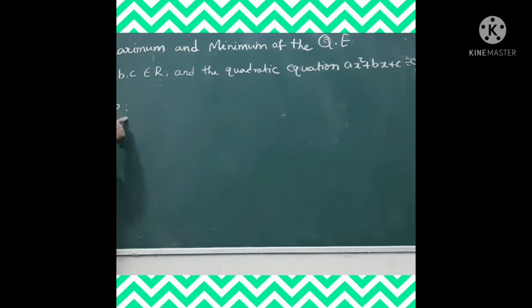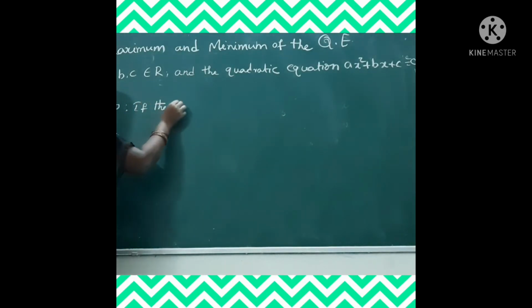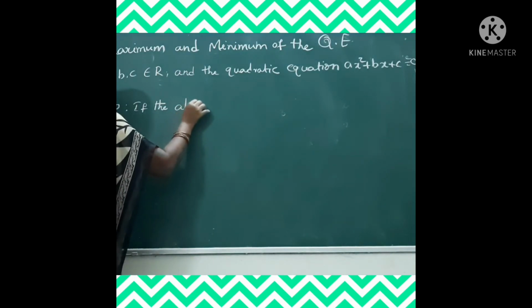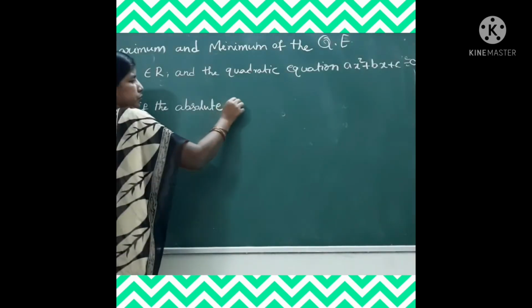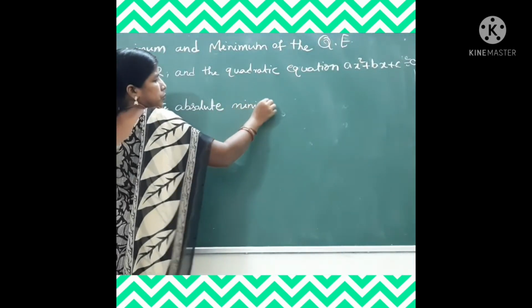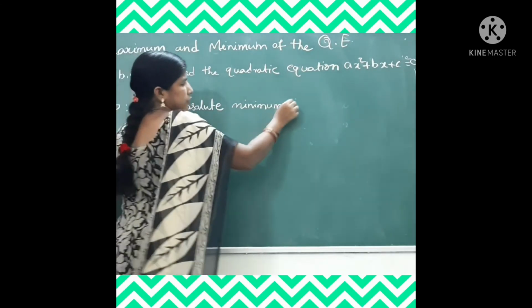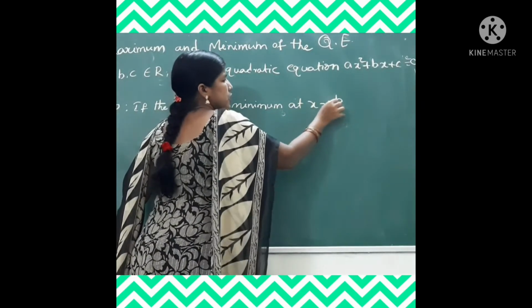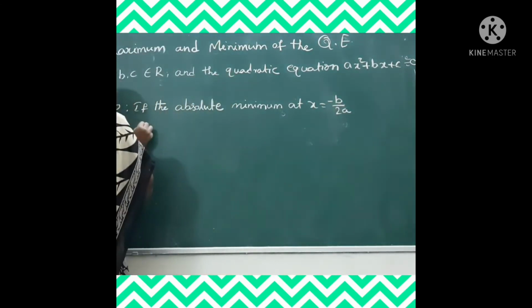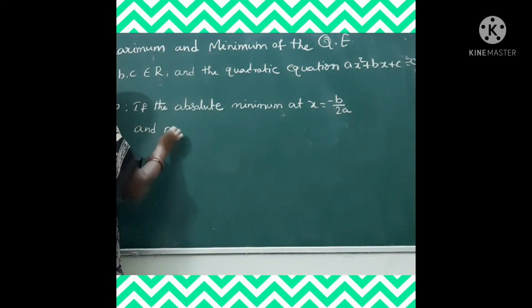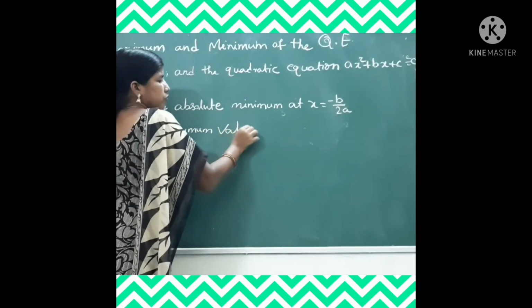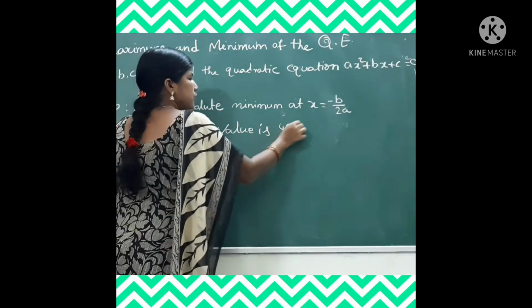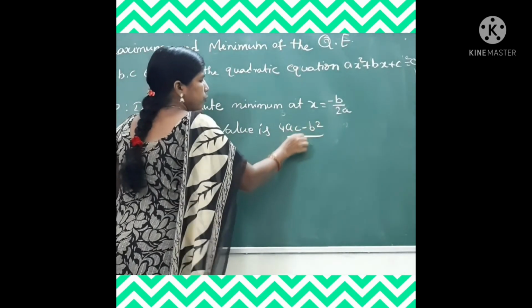If a is greater than 0, then there is an absolute minimum at x is equal to minus b by 2a, and minimum value is 4ac minus b square by 4a.